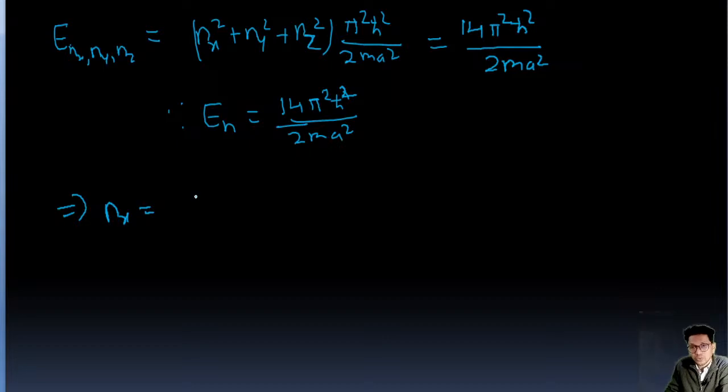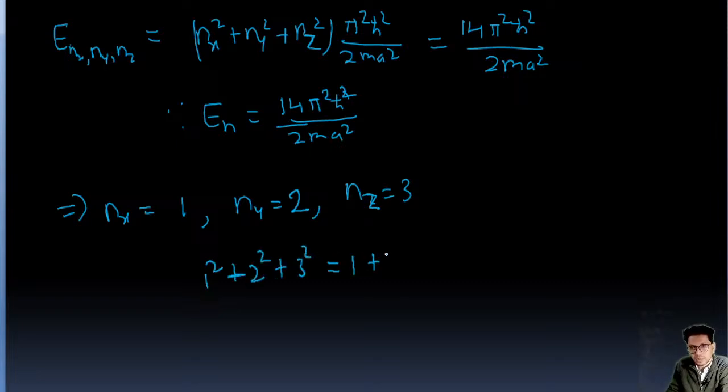The value of nx should be 1, ny should be 2, and nz should be 3, because 1 square plus 2 square plus 3 square is 1 plus 4 plus 9, which gives 14. So nx equals 1, ny equals 2 and nz equals 3.